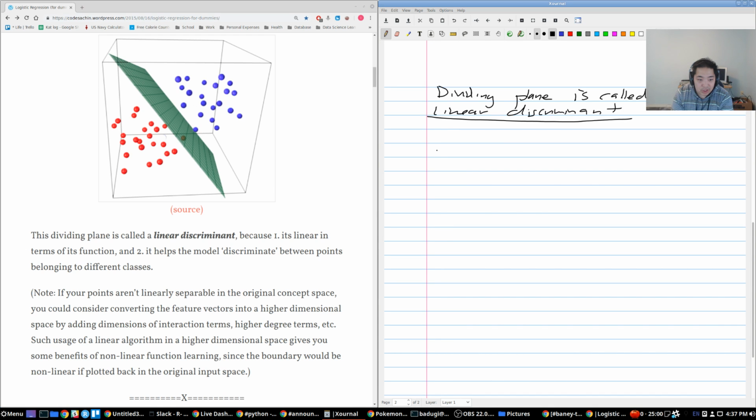It's linear in terms of function. It helps the model discriminate between points of different classes.